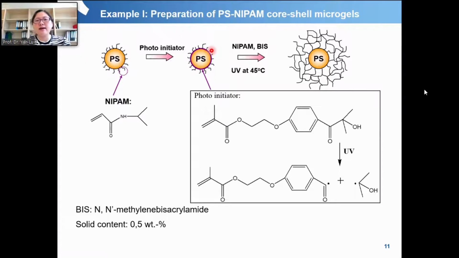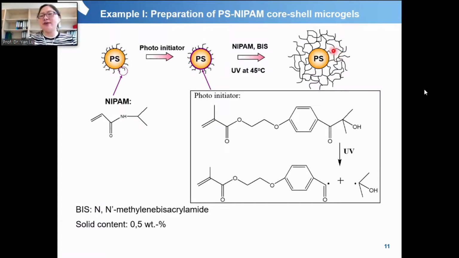And then as a next step, you use a UV light as a light source. Under this UV light irradiation, the photoinitiator will be decomposed and will generate radicals on the polystyrene particle surface. So you have a surface-initiated polymerization.